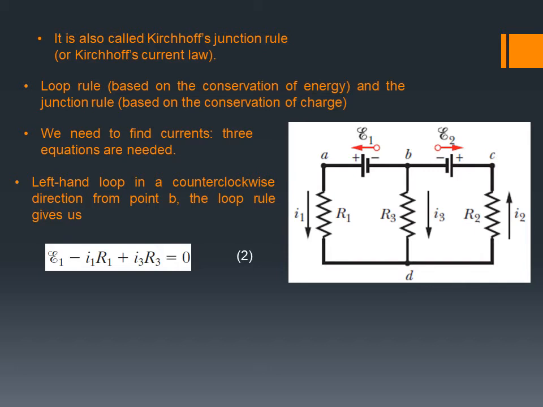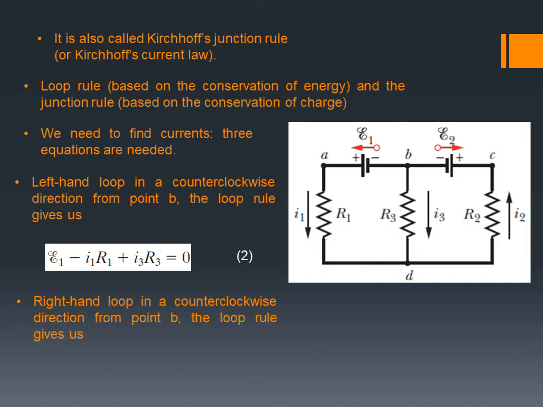Now we need a third equation, which is determined by analyzing the right-side loop. Take the right-hand loop in a counterclockwise direction from point B, moving from B to D and then to C and then to D. The loop rule gives us: when you pass through R3 while starting from point B, you are moving in the direction of I3, so this will become minus I3 R3, voltage drops.